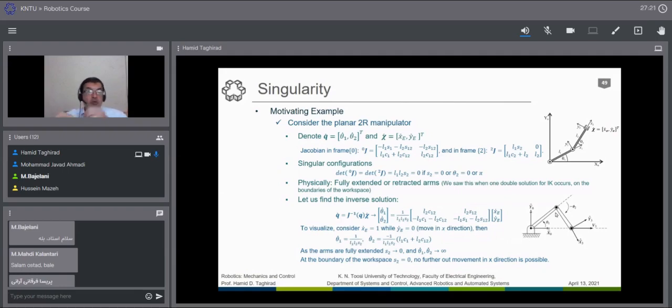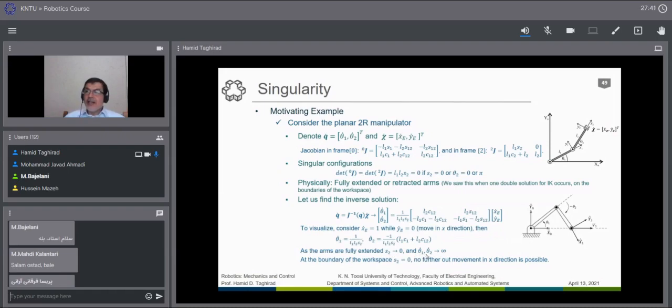You require limited velocity at the joints to have motion. But when you go toward the end, you see that when S2 is tending to 0, then theta dot 1 and theta dot 2, both of them, are going to infinity.